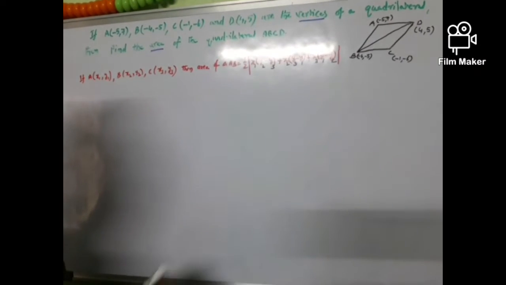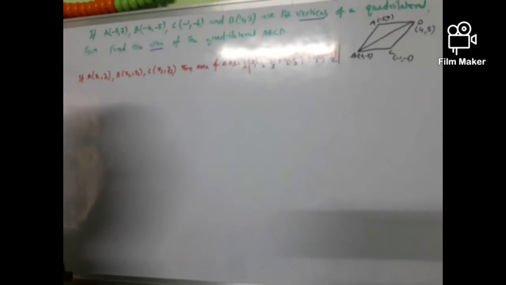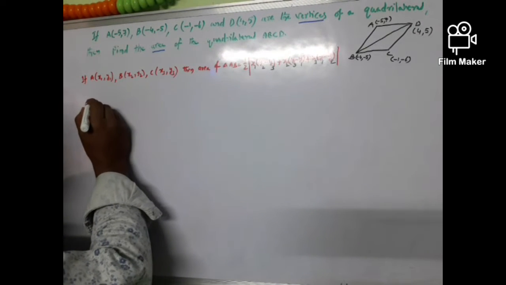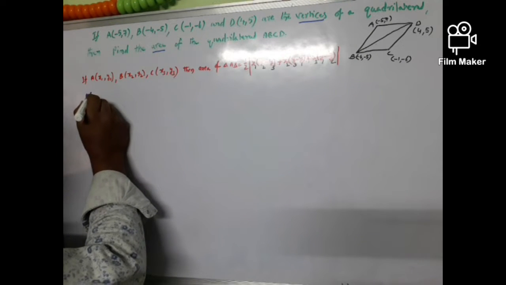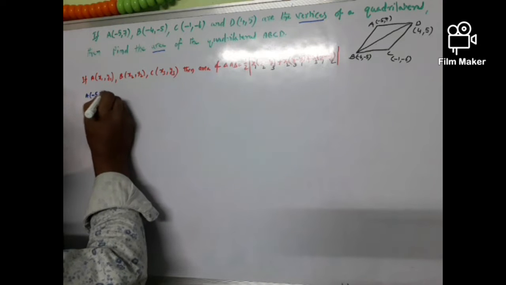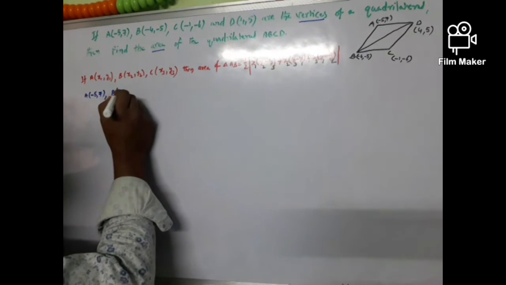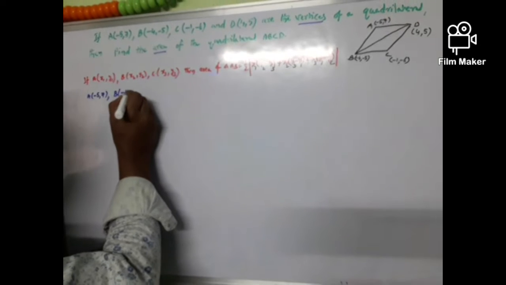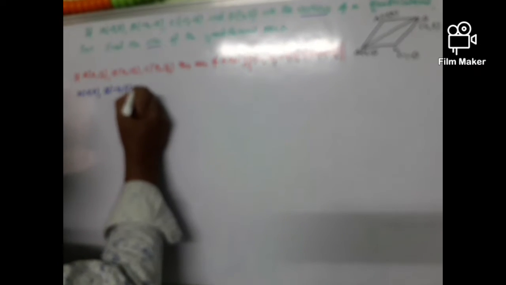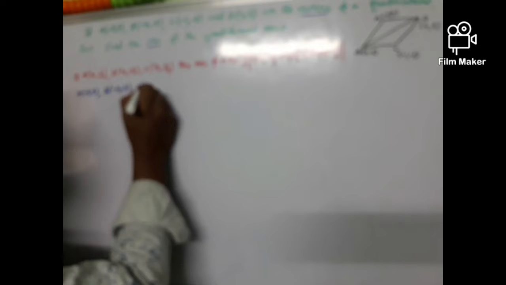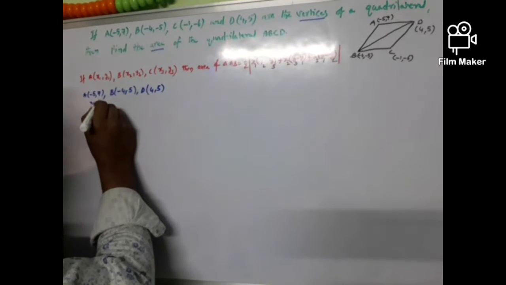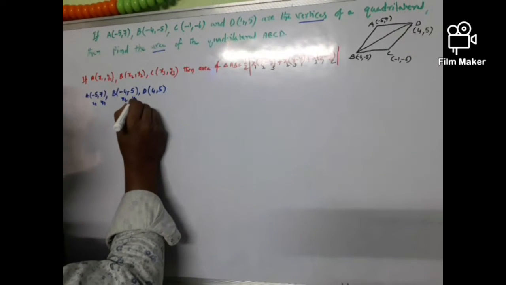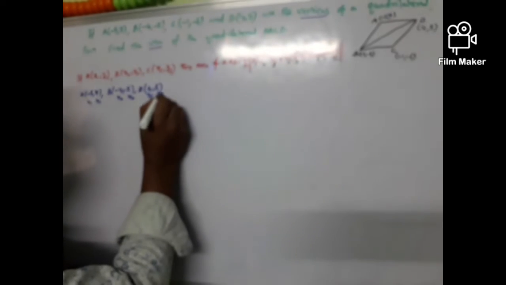Now find the area of triangle ABD. A is (-5, 7), B is (-4, -5), D is (4, 5), written as x1 y1, x2 y2, x3 y3.